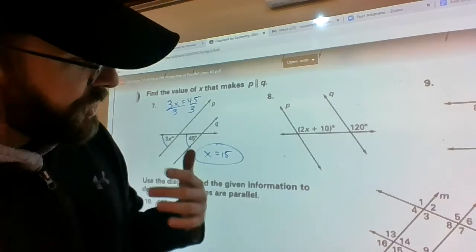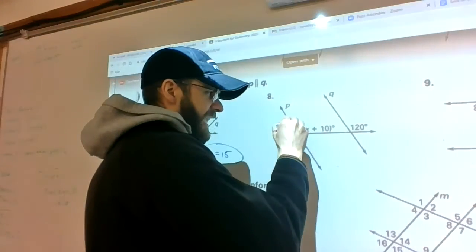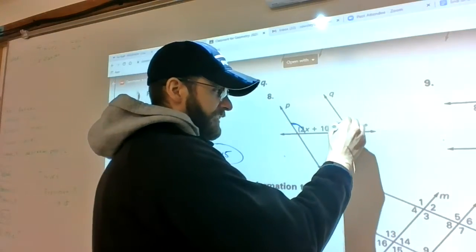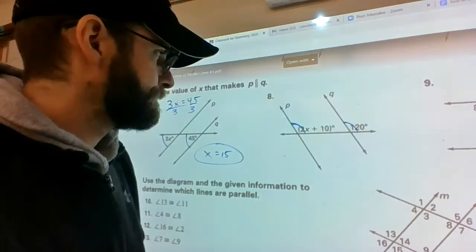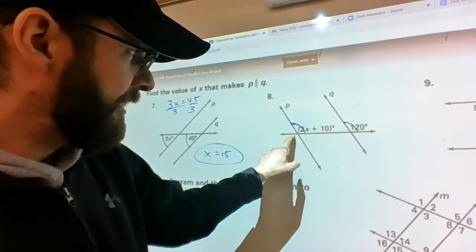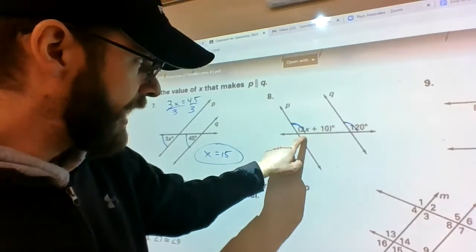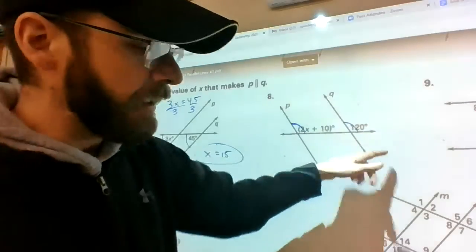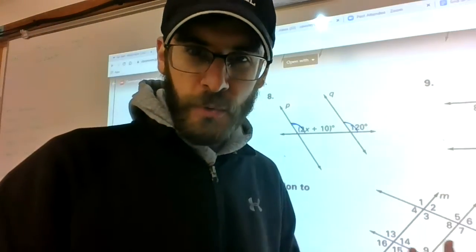Okay, number 8. What's the relationship between 2x plus 10, this angle right here, and the 120-degree angle that exists here? Upper left, lower left, lower right, upper right. They're corresponding angles too.